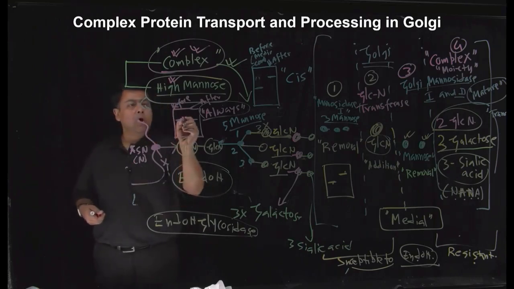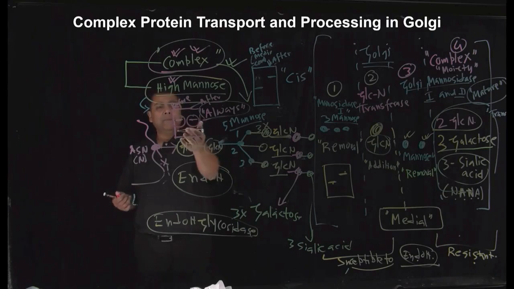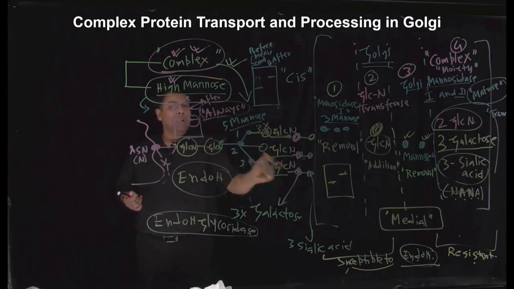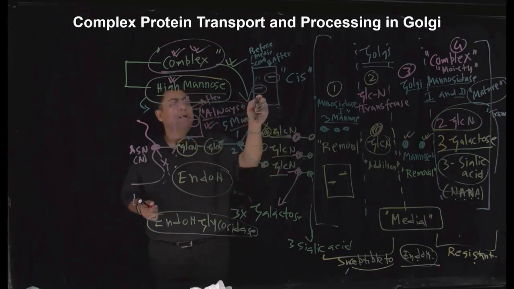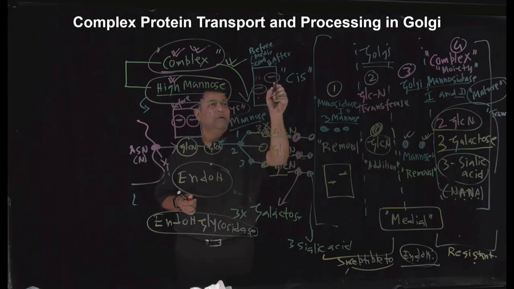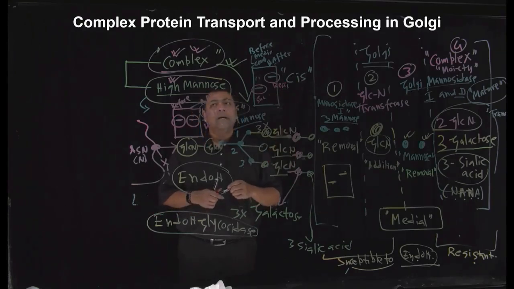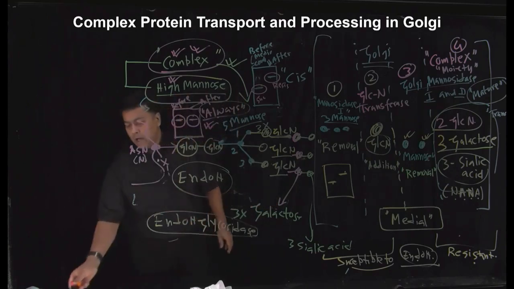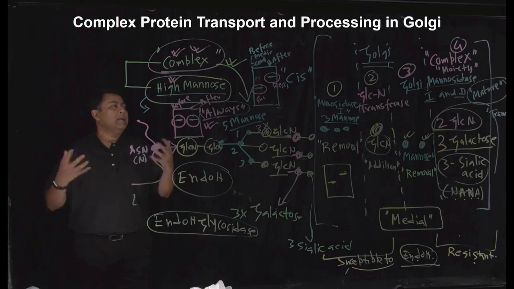If you see that there is no change in the molecular weight of a protein, and it is always digested by the endo-H, you know that it is a high mannose. On the other hand, if you see a change in molecular weight between the initial protein and the mature protein, you know it's a complex, because initially it was susceptible and after it matured, it became resistant to endo-H. And this is how you can understand the complex protein transport through the Golgi and its processing.